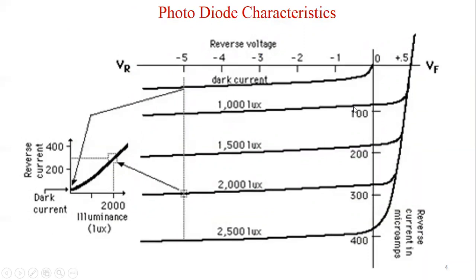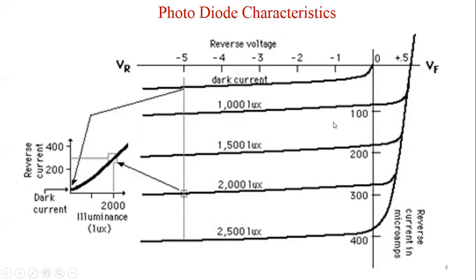Suppose we further increase the intensity to 1500 lumens. Again there will be more increase in current, shifting from 100 microampere to 200 microampere. Likewise, the intensity of the incident light affects the current flowing through this device.